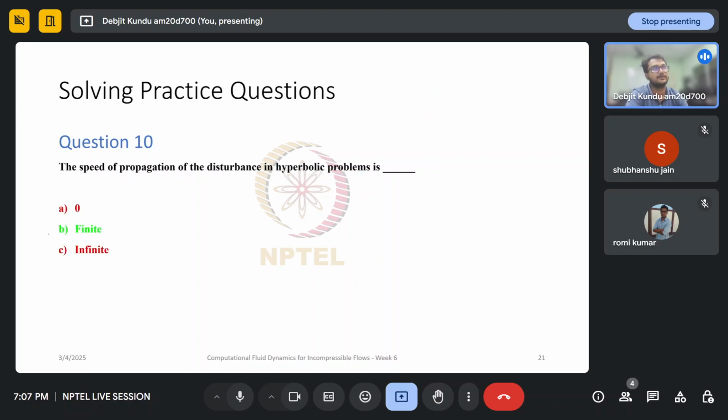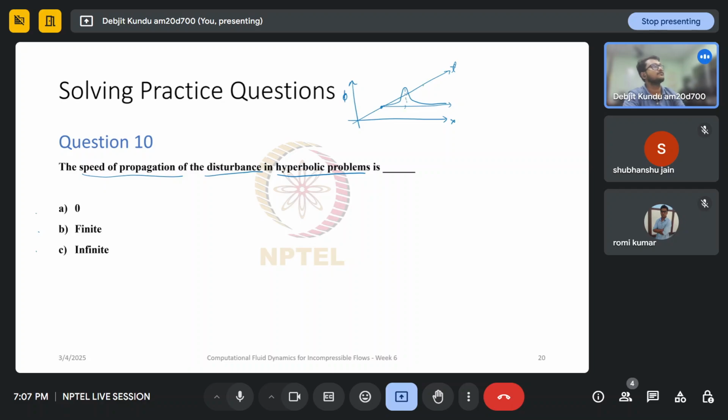But it's actually finite. If you go back to the main equation itself, minus C dou phi dou x. So C itself is the speed of travel, right? The speed of wave or speed of any disturbance. If we take a look at this example, we had some disturbance over here.